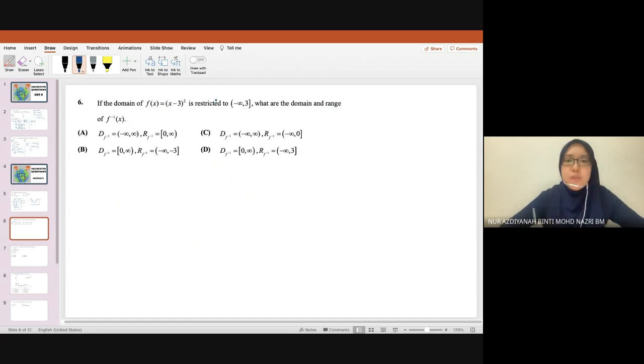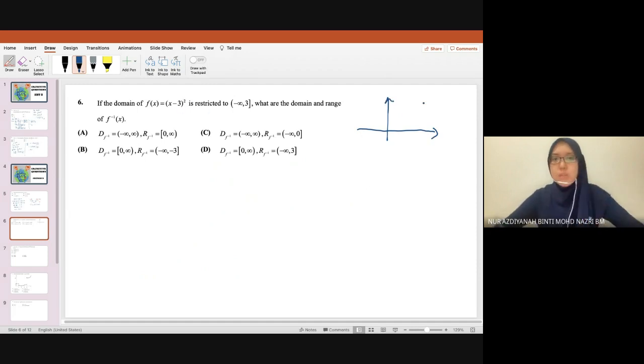So first of all, kita kena try untuk faham balik lah konsep domain dengan range dan restriction untuk quadratic. So always remember untuk quadratic function, kalau function adalah (x minus 3) squared, dia akan touch pada 3 macam ni. This is the shape of our graph.